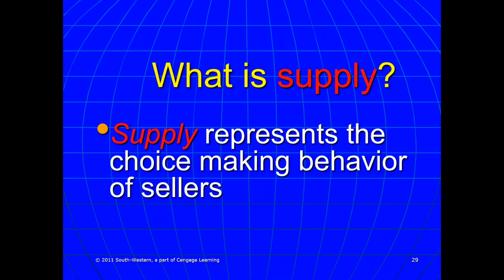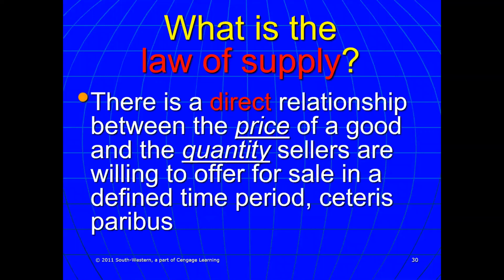All right, let's switch gears. We were thinking of ourselves as consumers. Now you've got to think about it from the supply side of businesses. The law of supply shows a direct relationship. That means they're moving in the same direction. The two variables that we're talking about are price of a good and the quantity.